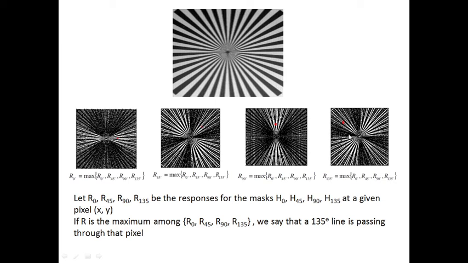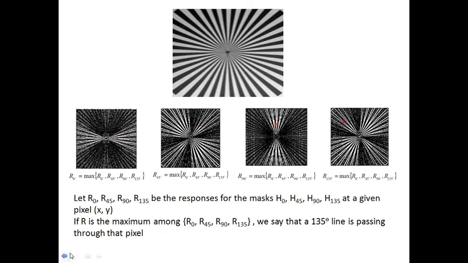Now I want to find out which line is passing through this point. That means I have to check the result of the 0 degrees mask, that is R0, and the results of the 45 degrees mask, 90 degrees mask, and 135 degrees mask. Whenever all these masks are convolved with the input image, I get R0, R45, R90 and R135, which are the responses for the masks H0, H45, H90 and H135 at a given pixel location, that is x comma y.